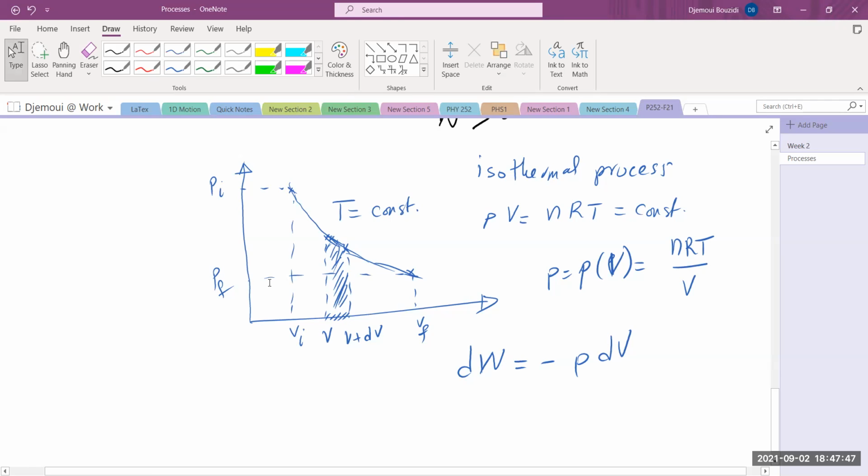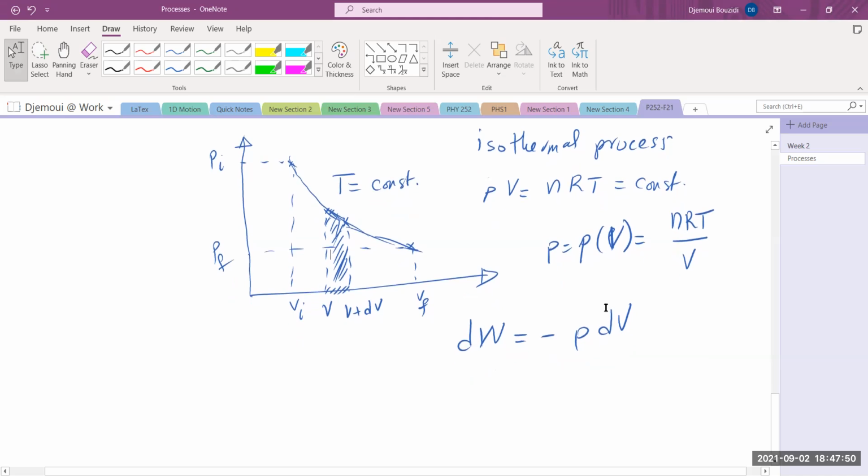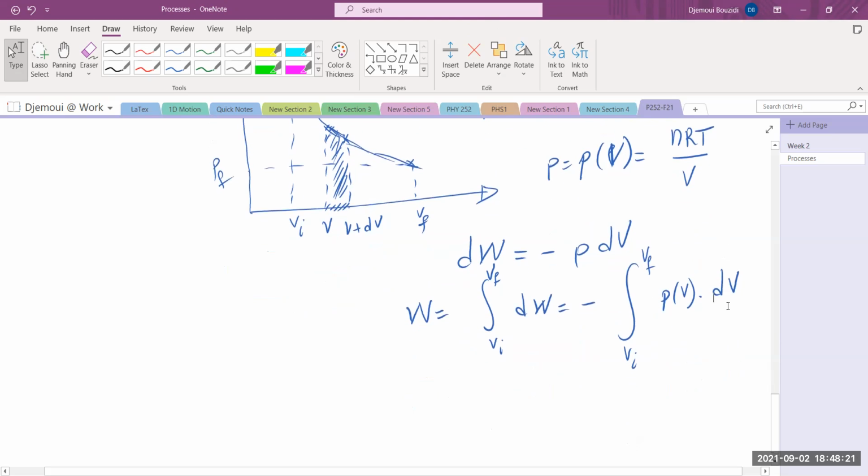All I have to do to find W is just integrate from this value to that value, and that we know how to do. So W will be the integral from the initial volume, because the variable in this case is the volume, VI, to VF of dW, which is equal to minus the integral from VI to VF of P as a function of V times dV. And P as a function of V in this isothermal process is always a constant divided by V, and that constant is nRT.